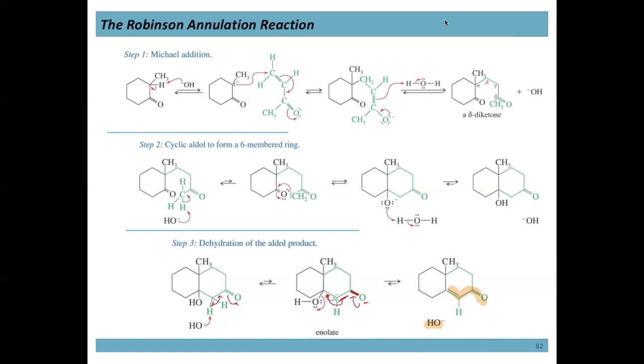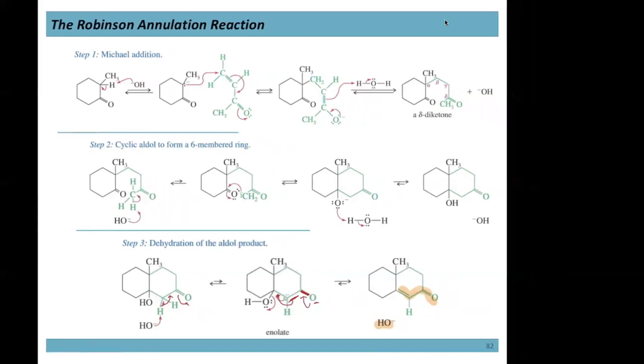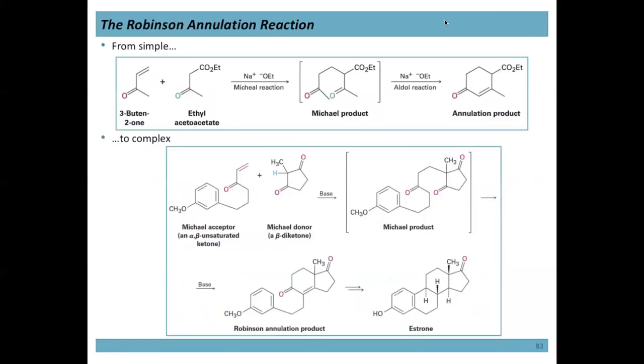So this whole thing right here, these 3 steps, the Michael addition followed by an intramolecular aldol addition followed by an aldol condensation, or we can just say for the Robinson annulation it is a Michael addition followed by an intramolecular aldol condensation, is how we get these cyclohexanones, again, known as the Robinson annulation. So they give us these interesting molecules, again, starting with the Michael product and then the annulation product.